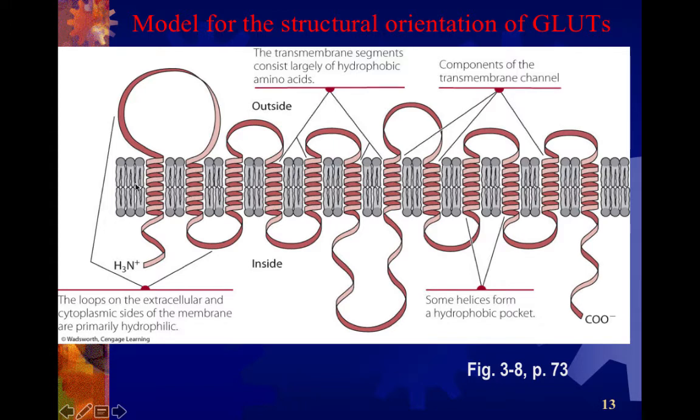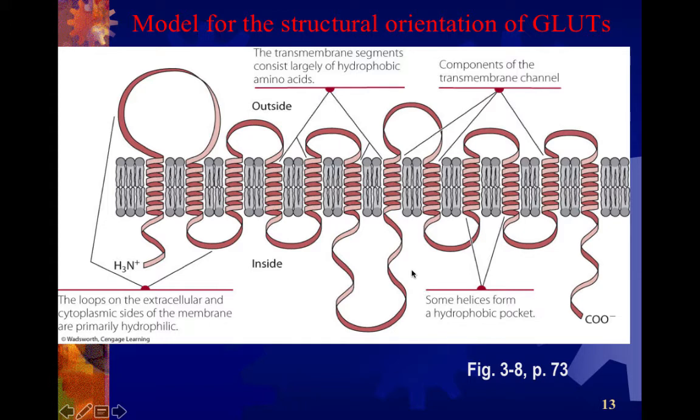Okay, so there's 12 of these transmembrane segments, but you notice there's loops on the inside and the outside of this protein. Now, some of these amino acids on the outside would have carbohydrates attached. This doesn't show it, but there might be a carbohydrate chain attached here, maybe some of these loops out here. Remember, that would be on the outside of this protein. The inside of the protein wouldn't be glycosylated.